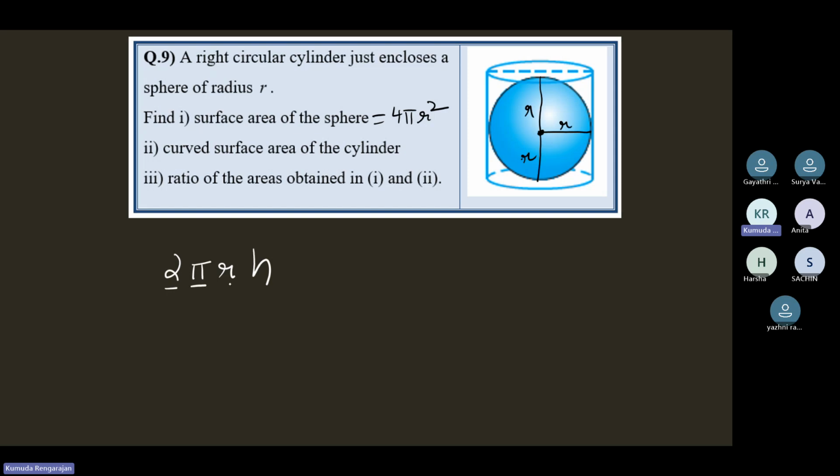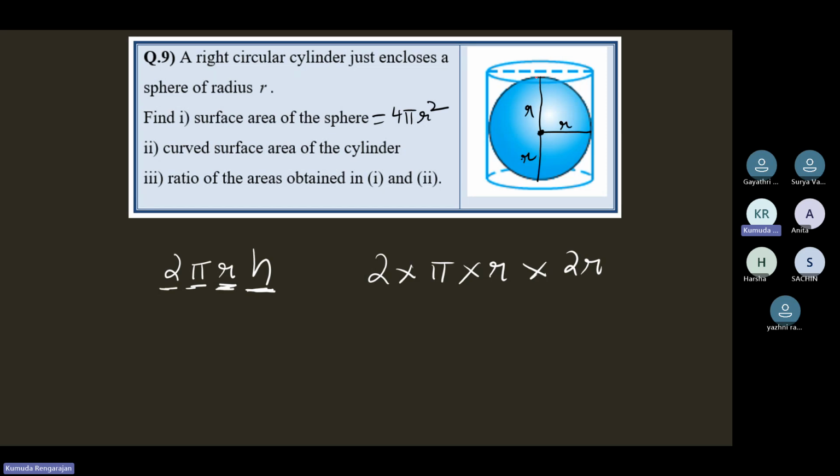2 into pi into radius of the cylinder into height of the cylinder. What is the radius of the cylinder? R only. Whatever is the radius of the sphere is the radius of the cylinder also. And what's the height of the cylinder? It's 2r. We can see that.